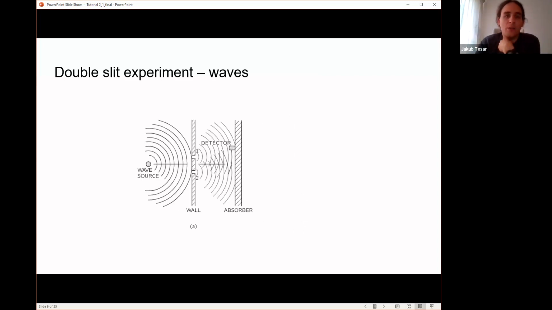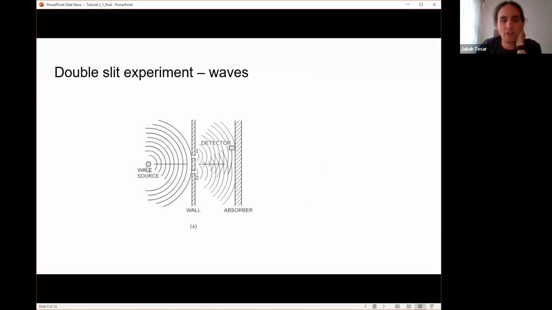Okay, now imagine the same experiment with waves. Now we do not have a machine gun, but some device that goes up and down regularly, creating waves that propagate through a medium. You can imagine, for example, the surface of water. We need the walls to absorb the waves, so they do not complicate the picture and do not come back.